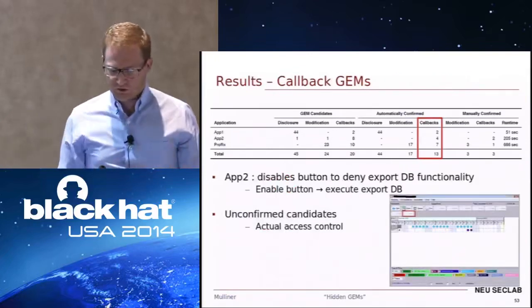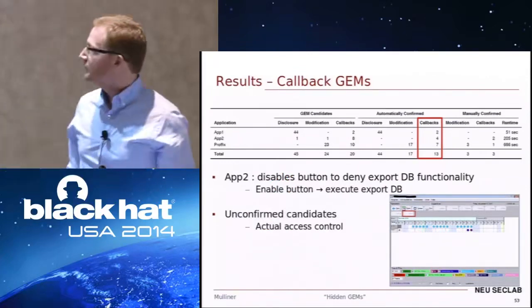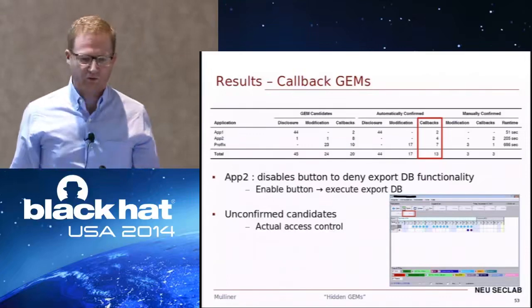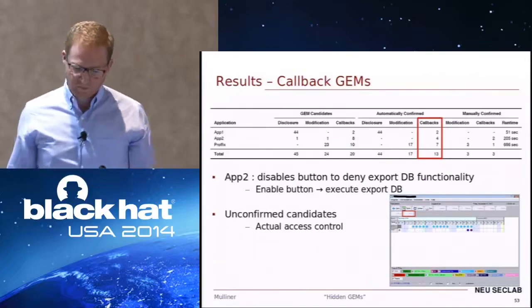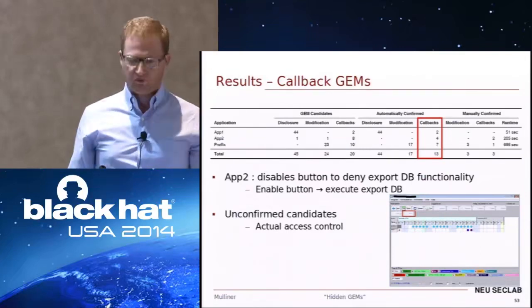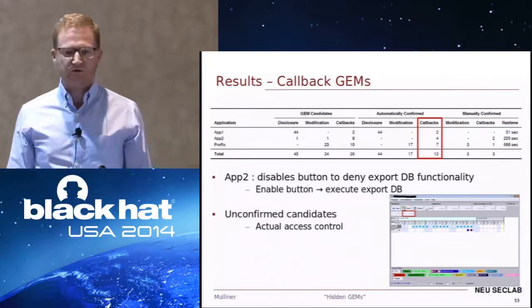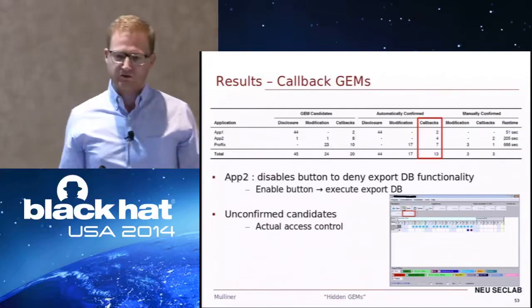We found a bunch of callback bugs, like buttons that were disabled and you could re-enable them, and then, for example, dump the database. In this specific application you could enable every button again and use it, but there was one button to go to the settings screen.